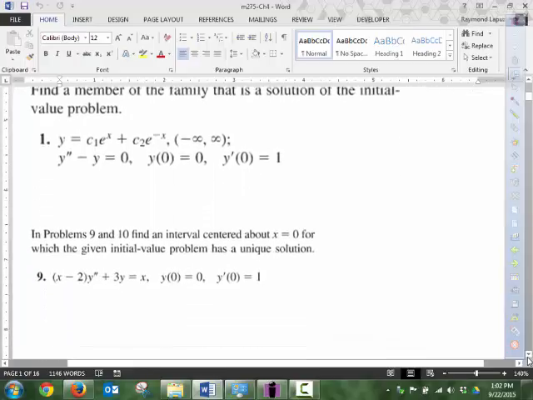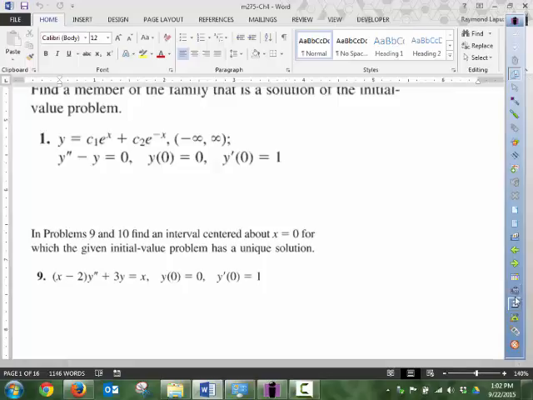We know how to do that. Let's see. Here, find an interval centered about x is equal to x naught, or x is equal to 0, for which a given initial value problem has a unique solution. So this one is one that would use the existence and uniqueness theorem. So let's take a look at this problem.